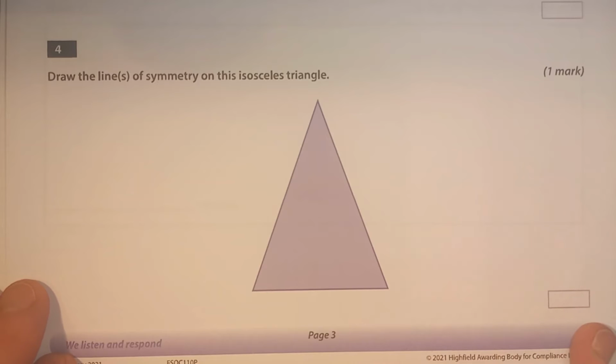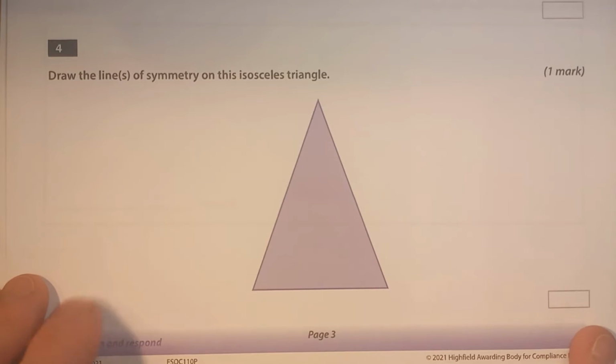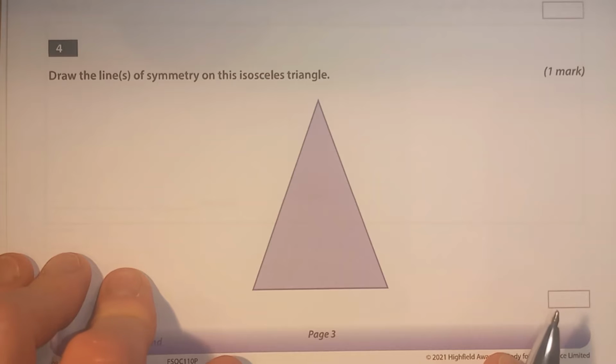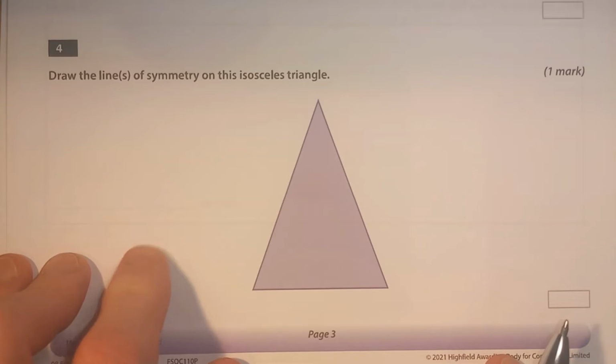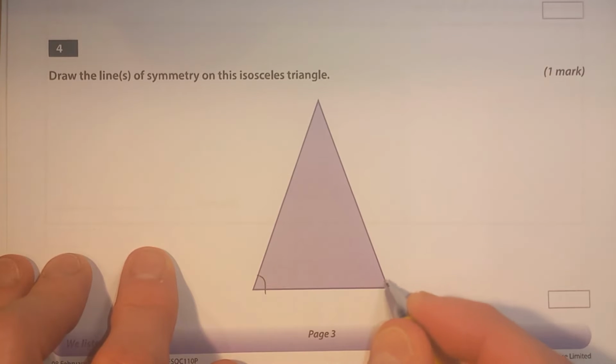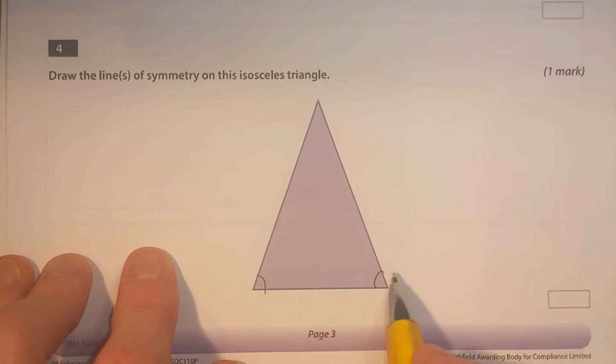Okay, question 4. Draw the line or lines of symmetry on this isosceles triangle. Well, I know that if it's an isosceles triangle, that means that 2 of the sides and 2 of the angles are the same. And it looks like it's these 2 angles which are the same.